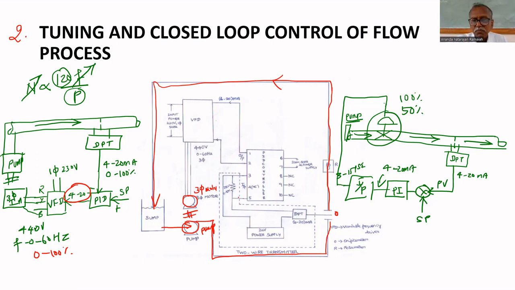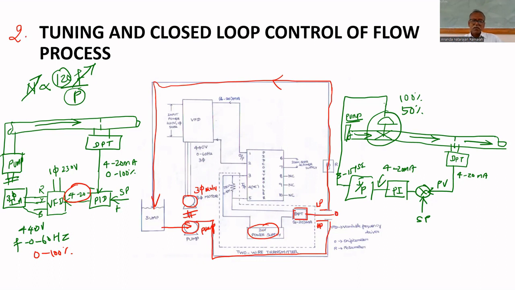So across orifice plate, here low pressure, this side high pressure. Both tappings will be taken and given to DPT, differential pressure transmitter. DPT gives 4 to 20 milliamps. Again, it is two-wire transmitter. That's why a 24 volt power supply. You can give from 12 volt to 24 volt.